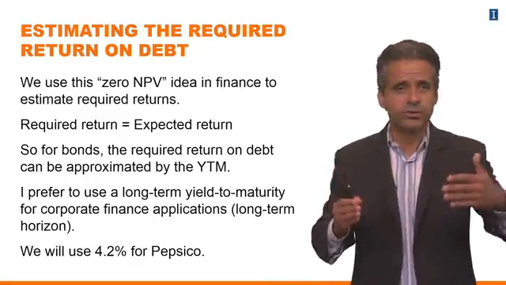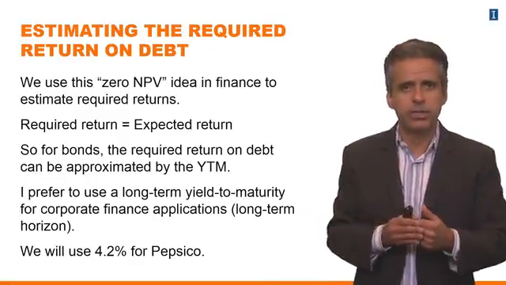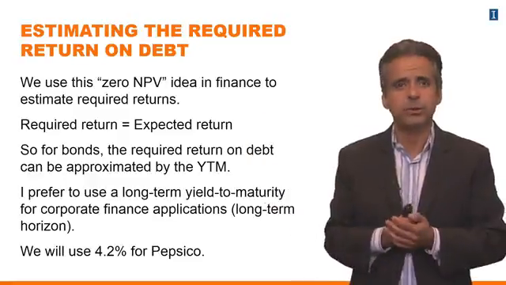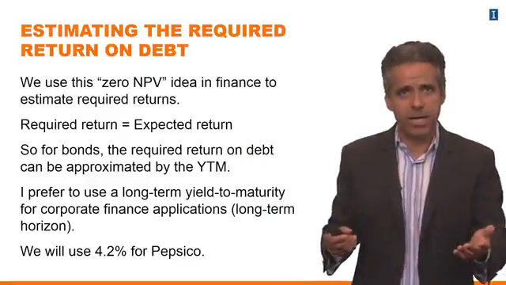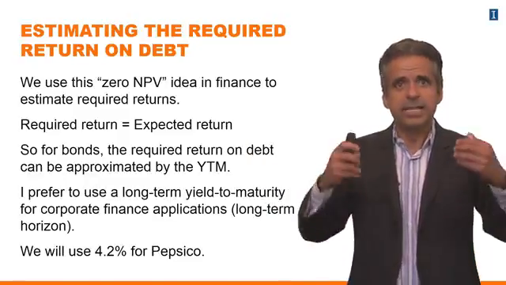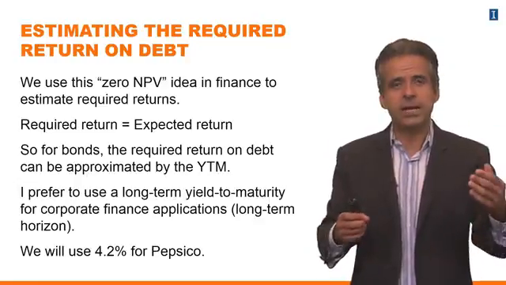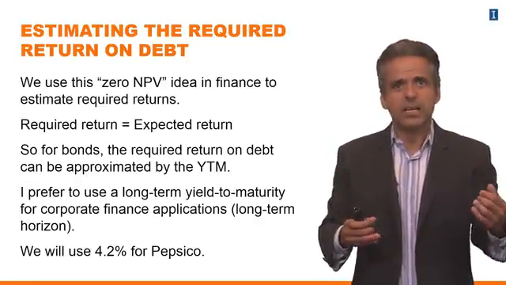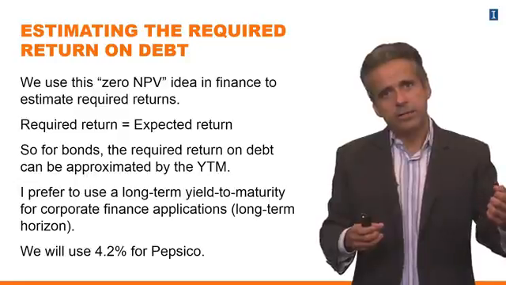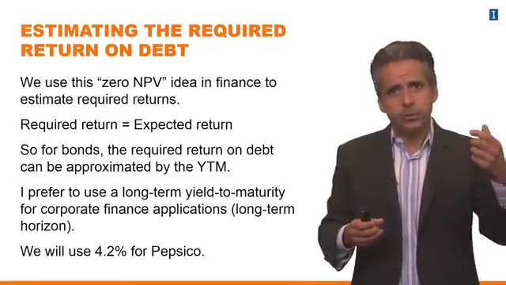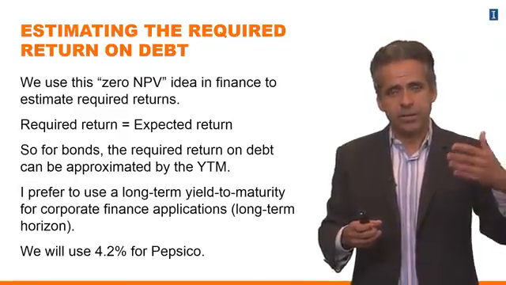So rather than use 2, 3, 4, 5-year maturities, we're going to take the longest possible maturity that we have available in our data. Okay? But really, the key idea is the 0 NPV idea, and how we can use that to estimate required returns using actual expected returns.